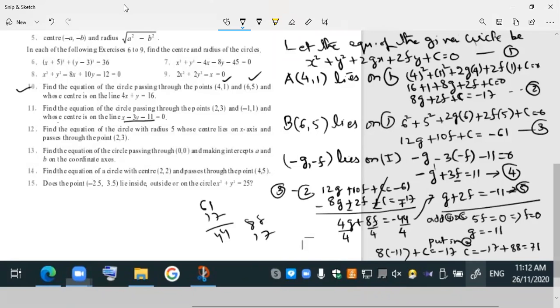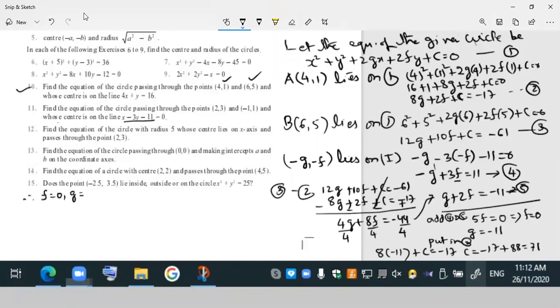So we got the values of F, G, and C. Therefore, F is equal to 0, G is equal to minus 11, and C is equal to 71. All these values put in equation number 1 to get the equation of the given circle.